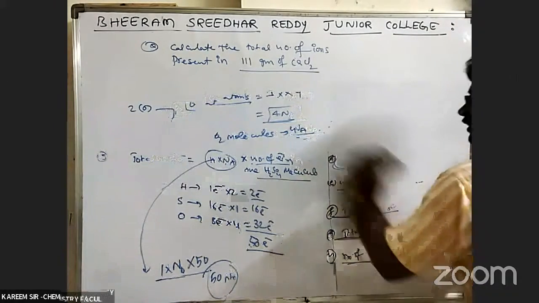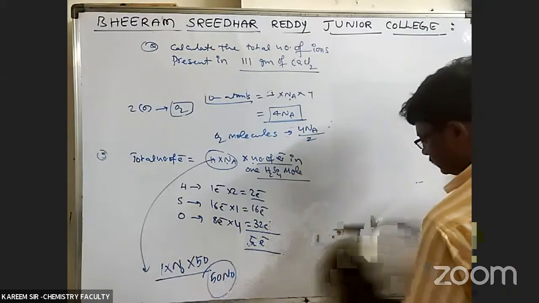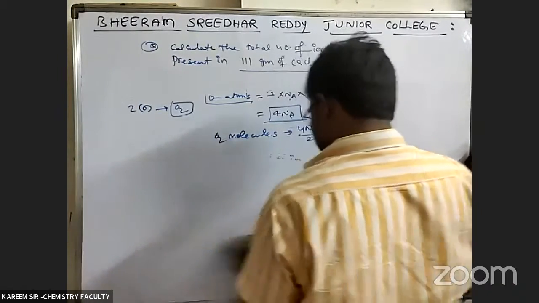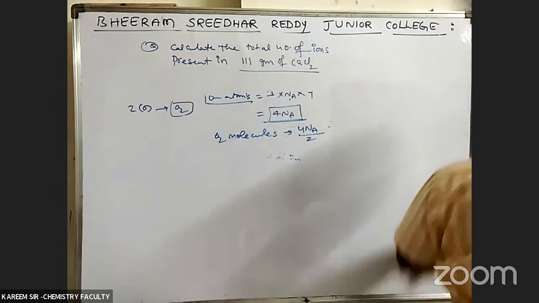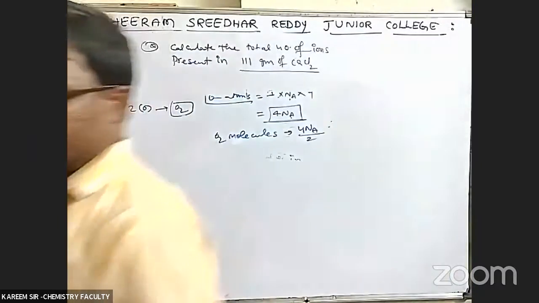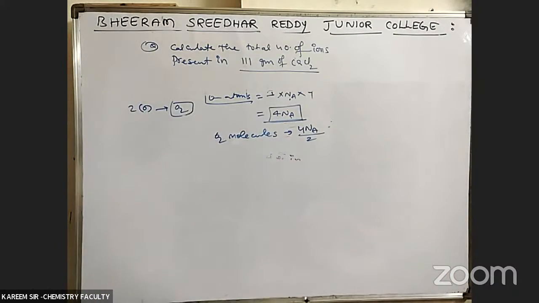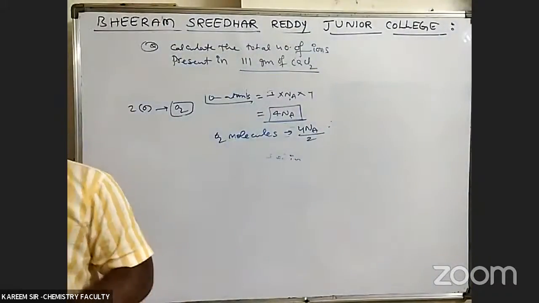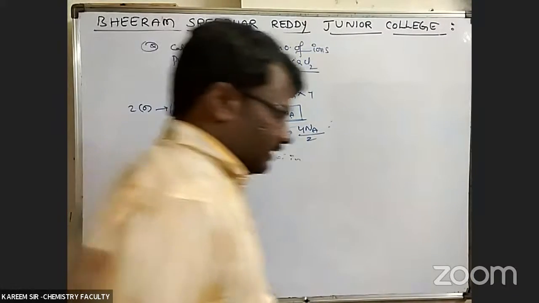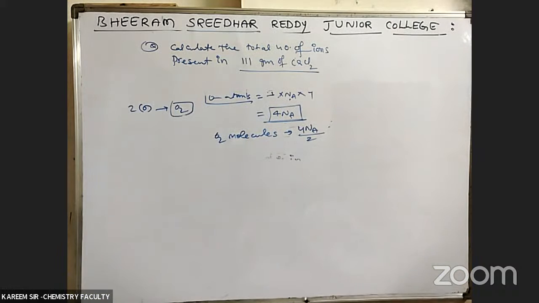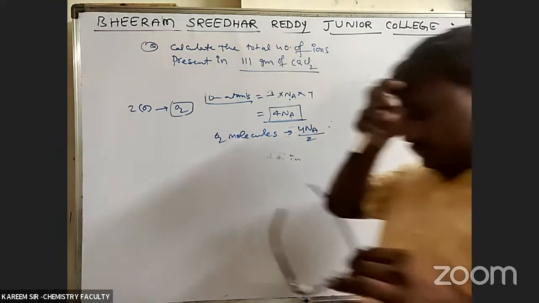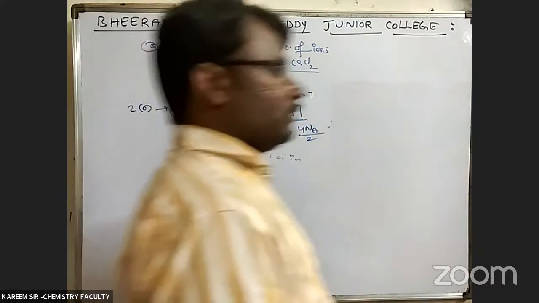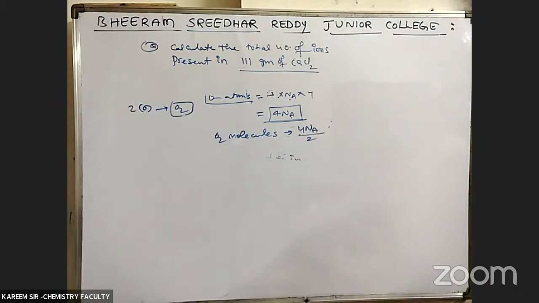111 grams of calcium chloride, how many ions are there?